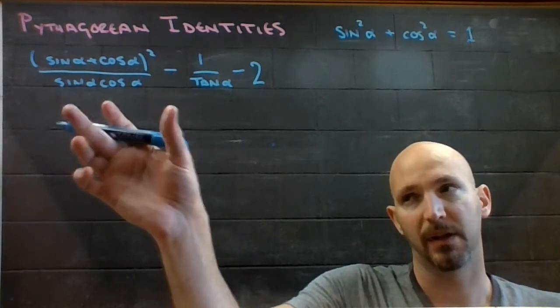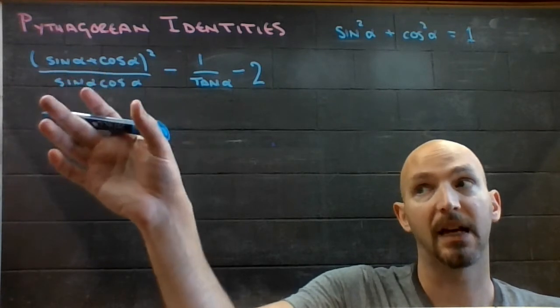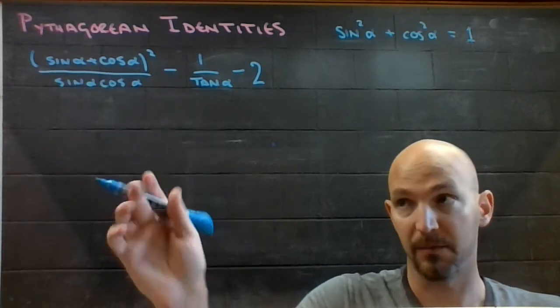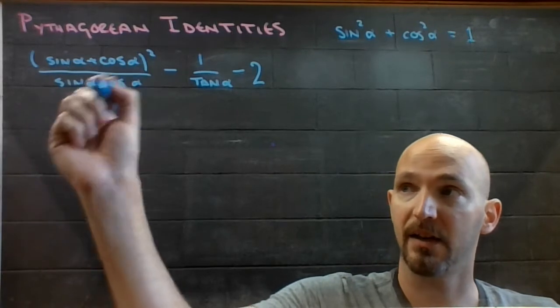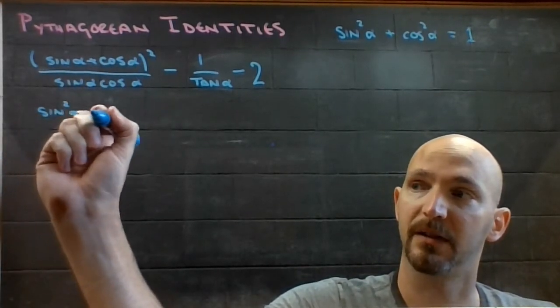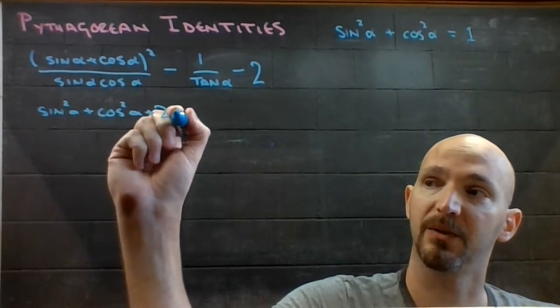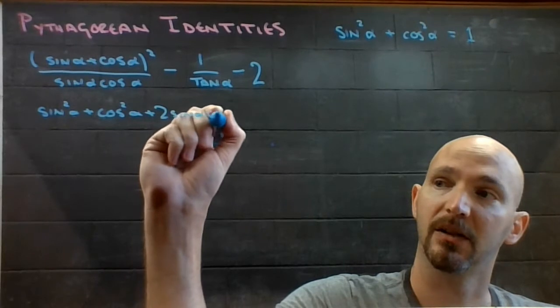So the first thing I'm going to look at is this sine plus cos squared. Now we did that once before in the example prior and found that sine alpha plus cos alpha squared ended up making sine squared alpha plus cos squared alpha plus 2 sine alpha cos alpha.